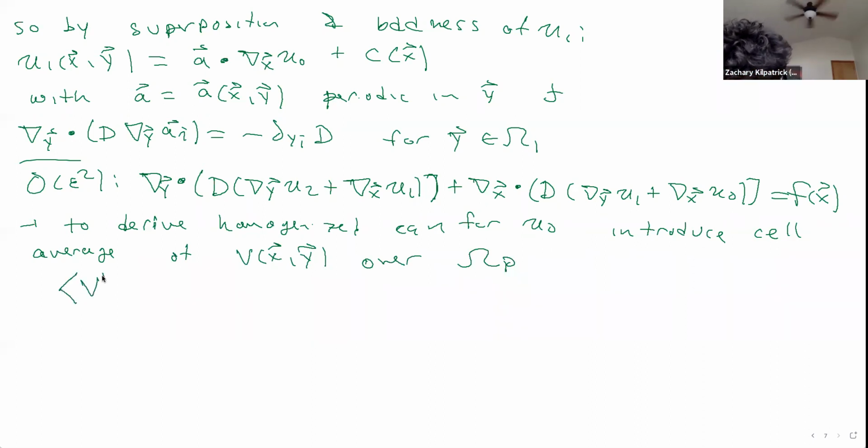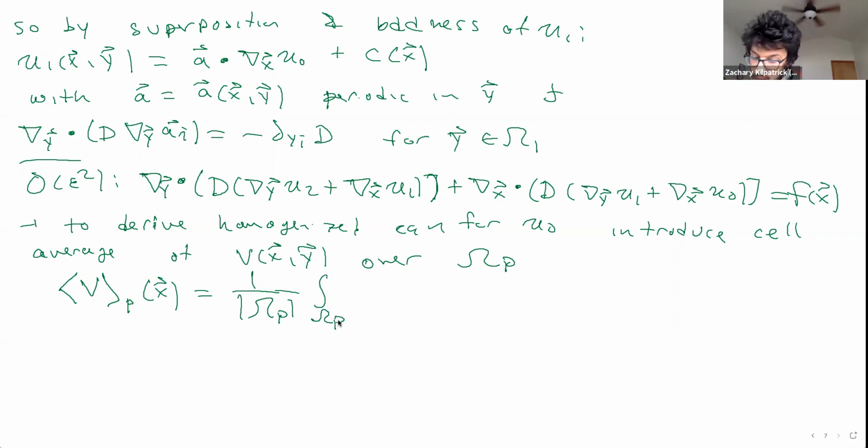I'm going to call this average over a cell P of v(x) equal to 1 over the size of that cell, or the volume of it if we wish, times the integral over Omega_P of v(x, y) dy.